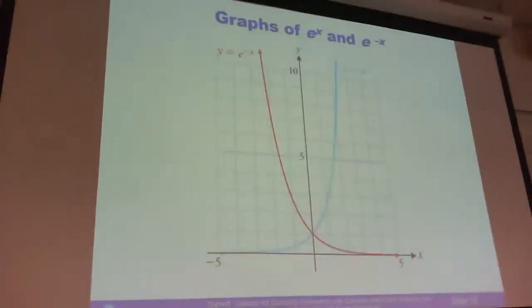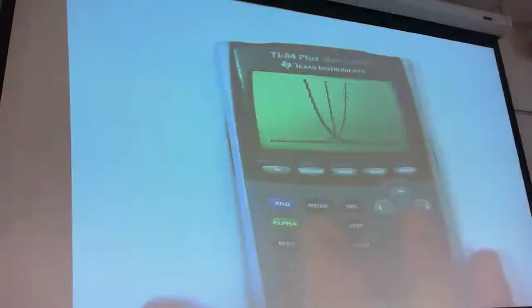So let's go to our calculators. In y1, let's graph e to the x. And in y2, let's graph e to the negative x. Let's make sure we know where those numbers are and we're comfortable with those keys. So we go to the calculator.